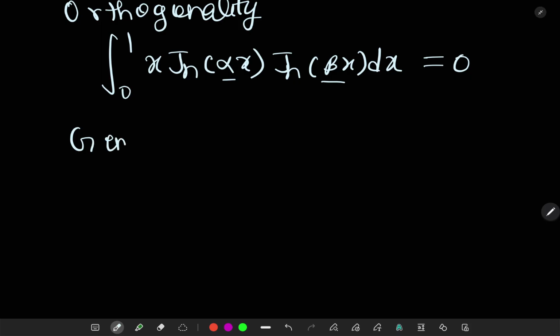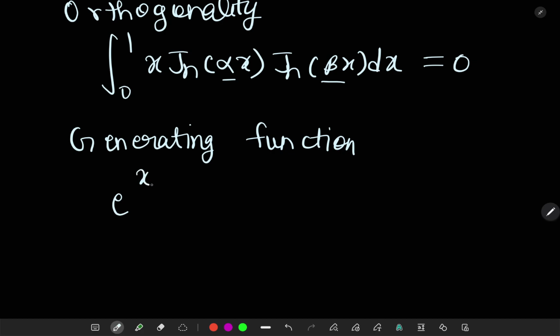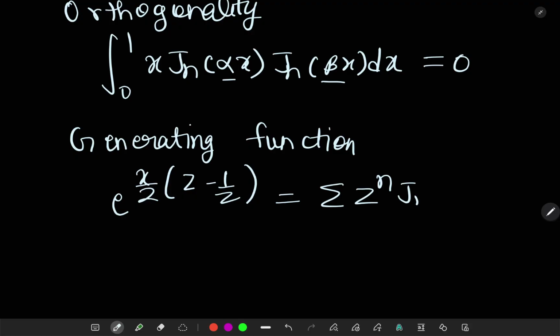Now the generating function for Bessel function. The Bessel function Jn(x), that is this: summation z raised to power n Jn(x), and the summation is from minus infinity to plus infinity.